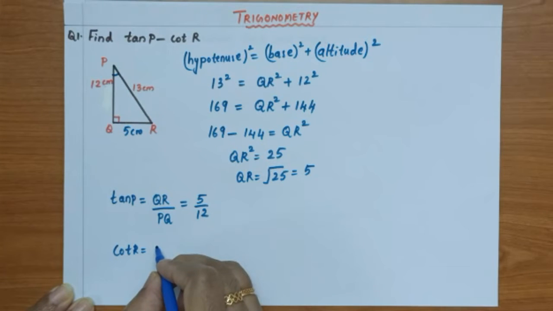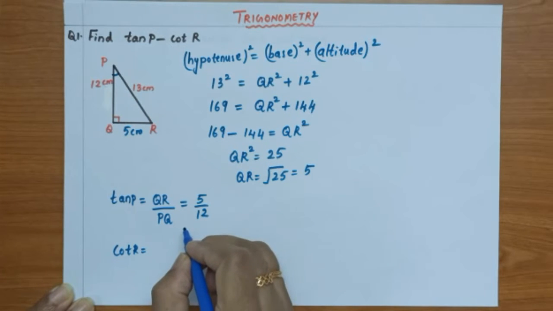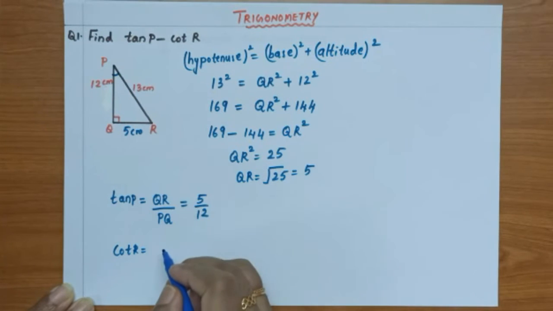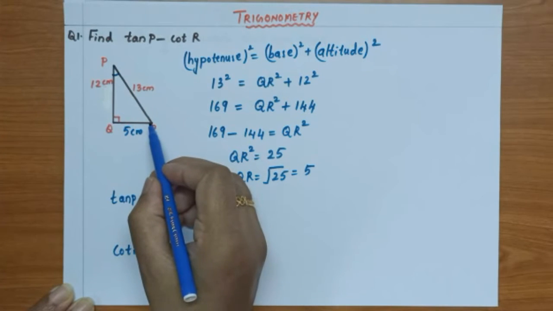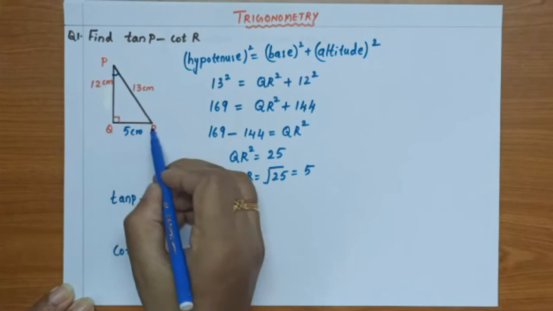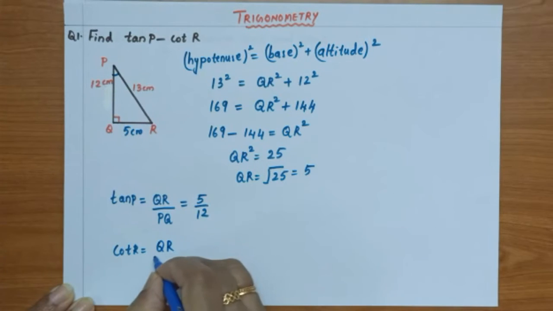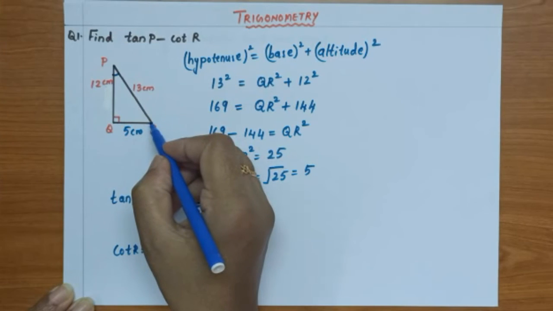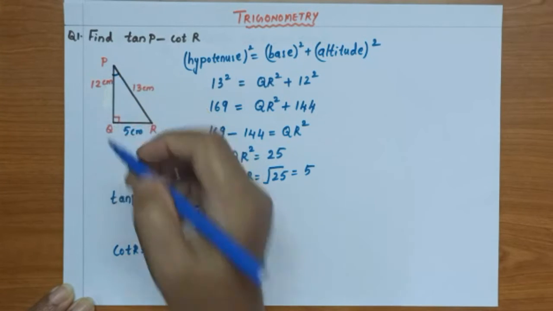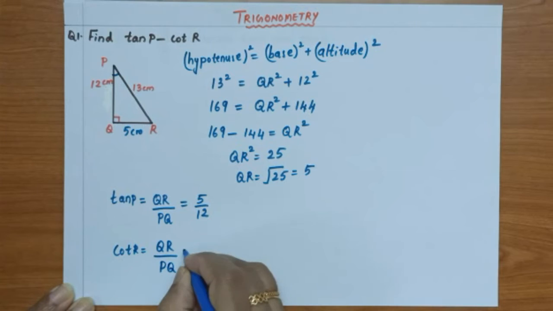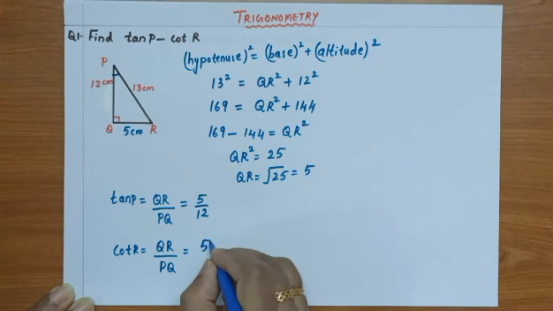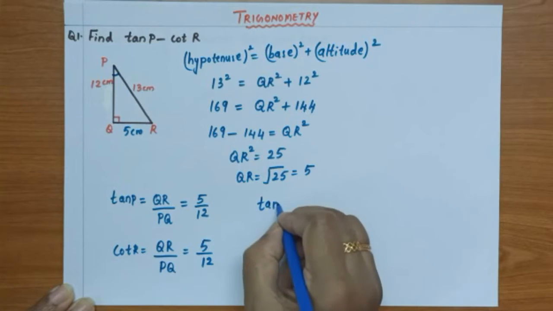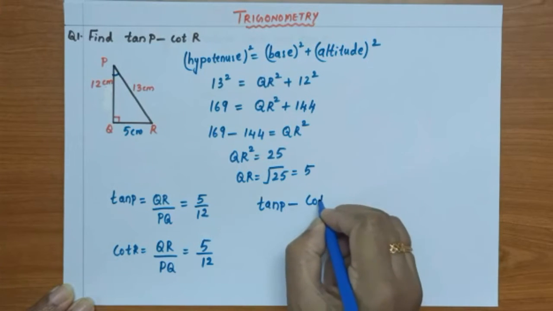So cot R equal to adjacent side of angle R divided by opposite side of angle R. Here adjacent side of angle R is QR by opposite side of angle R. Here opposite side of angle R is PQ. So it is PQ, that is 5 by 12.